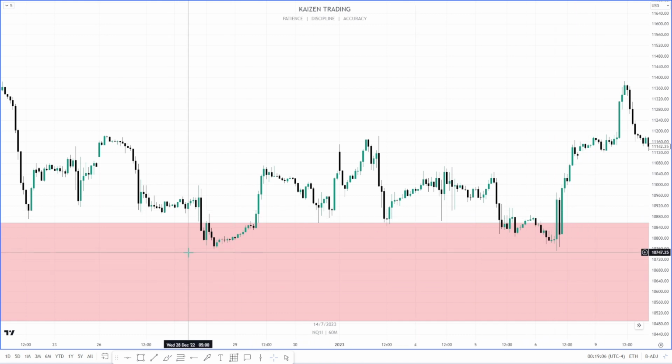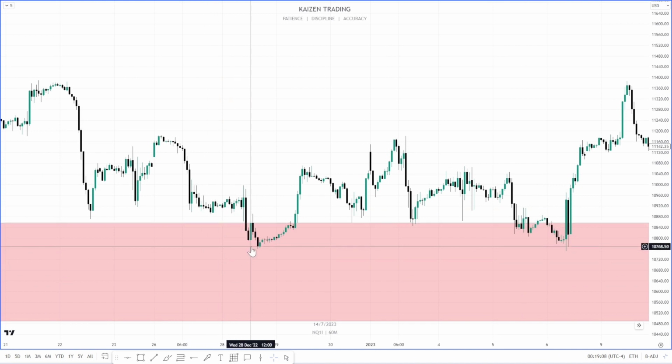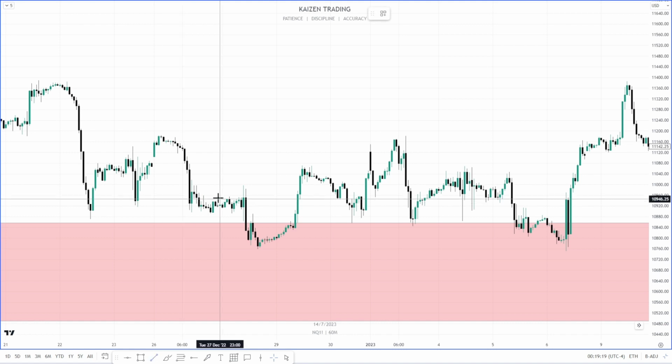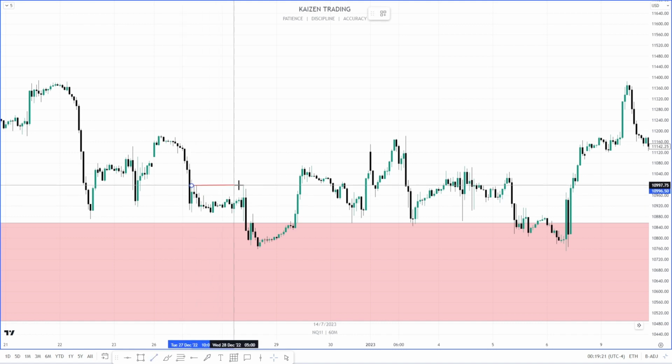If we take our first action right here, what I'd like to highlight is prior to the run into this rejection block area, we have multiple equal highs that are set. So this is our buy side liquidity target.